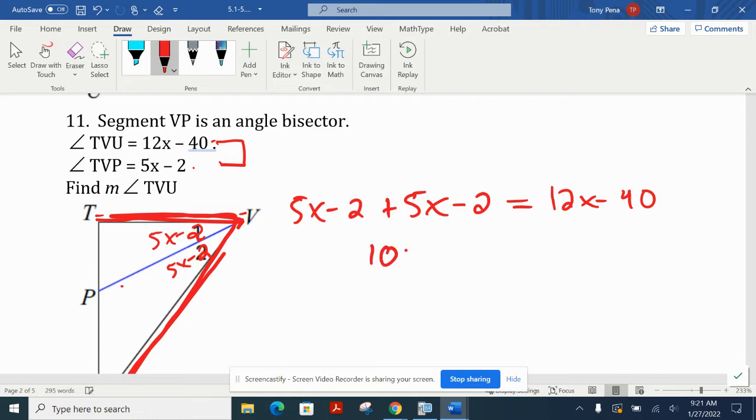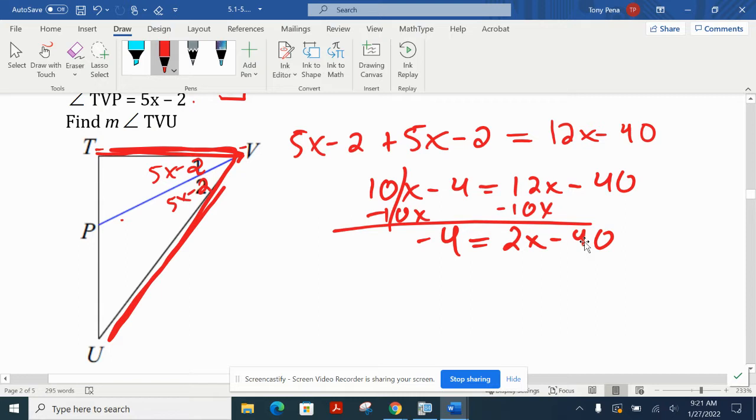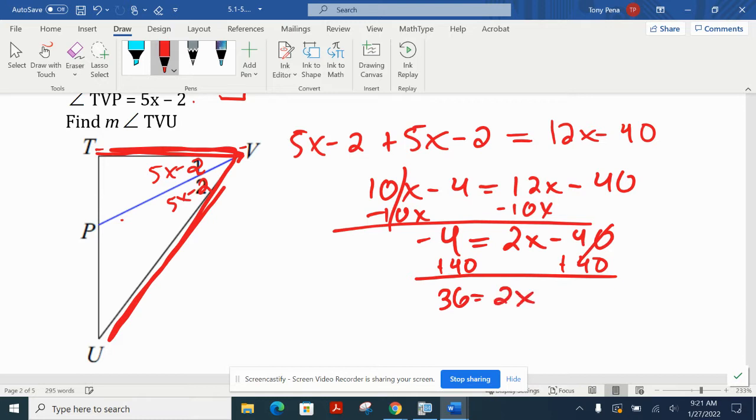That's then what we solve. Combine your like terms, and work your way through solving this. So we'll subtract our 10x over, add our 40, and then x equals 18.